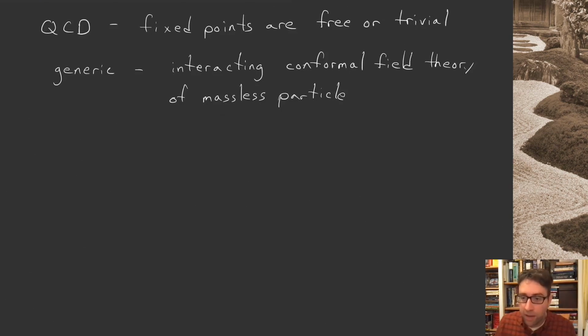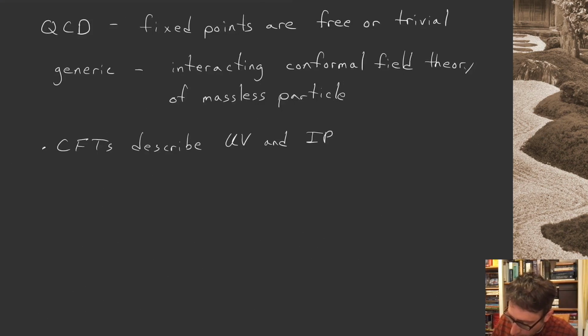So the Ising model at the critical point could also describe some IR fixed point of some QFT, and that in fact happens. But at any rate, what's the larger picture here? So the claim then is that CFTs describe the UV and IR fixed points of relativistic QFTs that have the Poincare symmetry group to start out with.